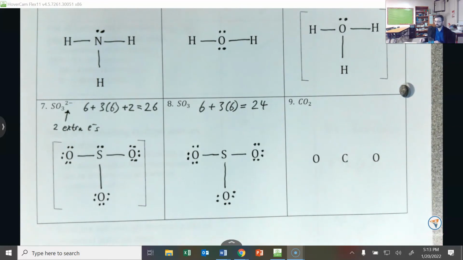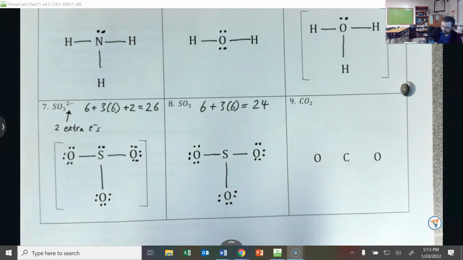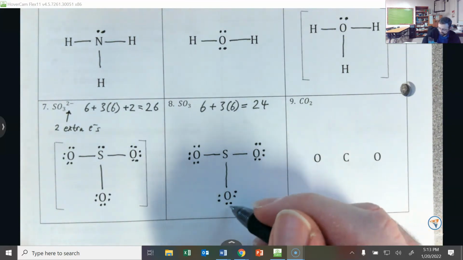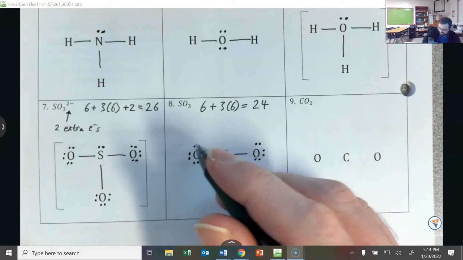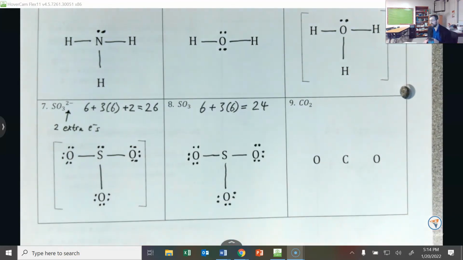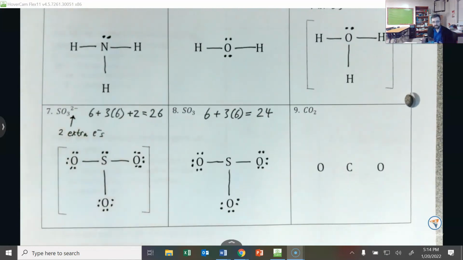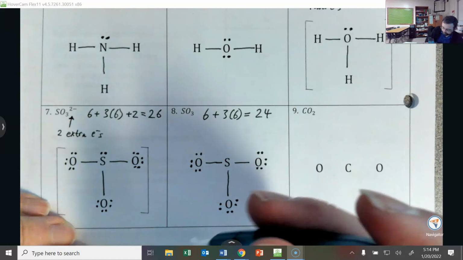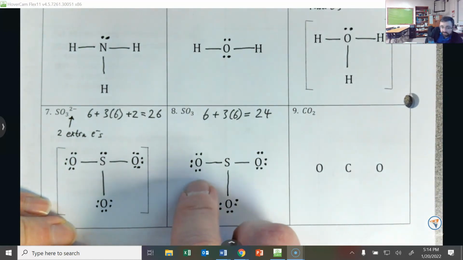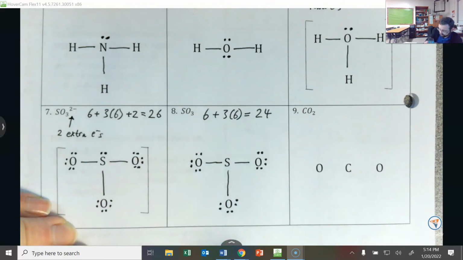I'm not, so I'm going to be using some whiteout. But if you look at this, oxygen is happy. 2, 4, 6, 8, for each oxygen. But sulfur only has 2, 4, 6. We need more electrons, but we ran out. We used all 24. When you do that, remember we can make double bonds. So what I'll do is take 2 of these and make it into a double bond.